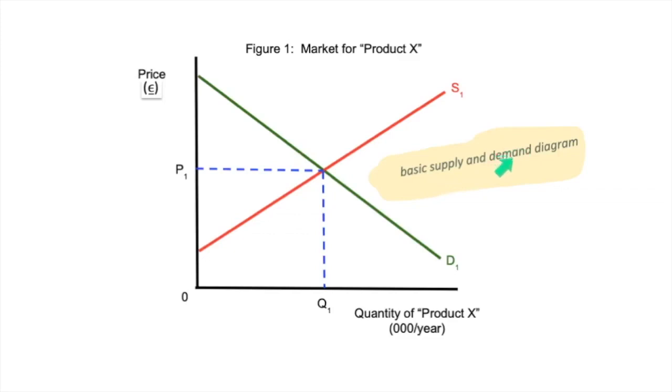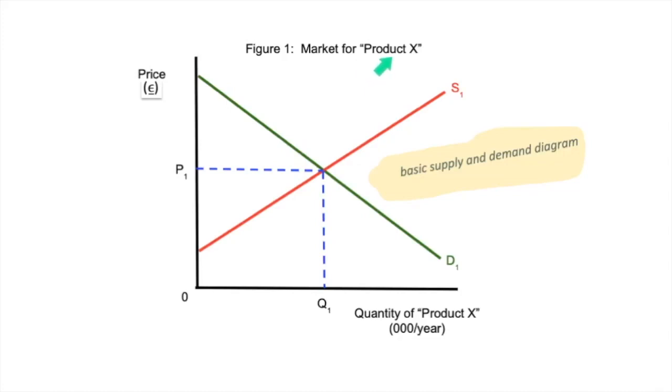Yes, that basic diagram you learned back in microeconomics, it's back, and it's functioning in the exact same way that it did when the product was X, or paper, or posters, or guitars or cars or headlamps. But the thing is, in exchange rates, the product is just another currency.